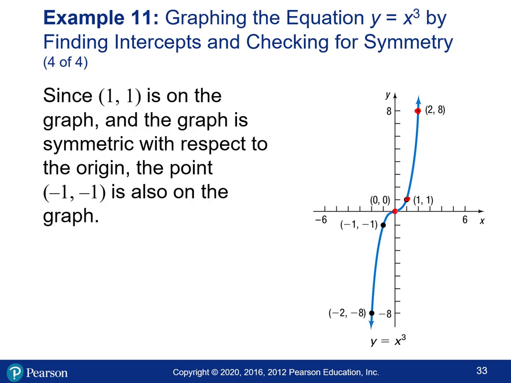So (0, 0) is at the origin, so that one doesn't move, but (1, 1), let me change colors so you see where I'm working, (1, 1) right here is going to go through the origin to (-1, -1). And then let's just do the last one up here. (2, 8) goes through the origin to (-2, -8). And then we get this river shape, which is our graph of x cubed.